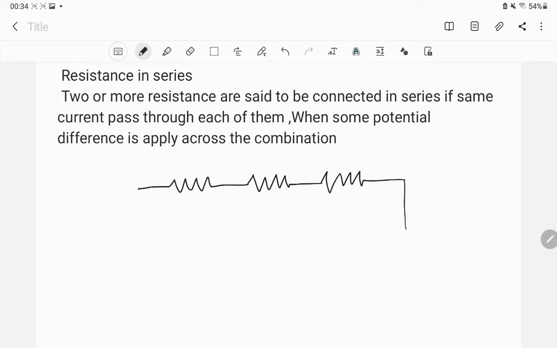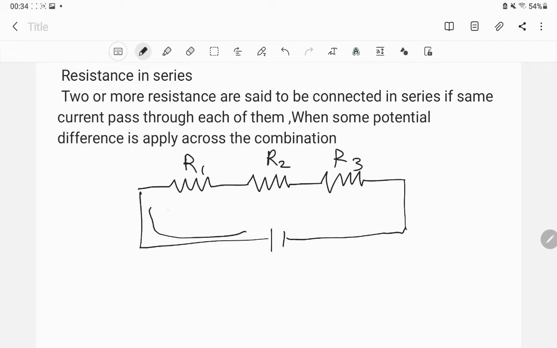I will take the example of three resistances, R1, R2 and R3. Connect with a battery, so current will go, let's say current I. This current is going through R1, and the same current I is also going in R2 resistance, and the same current I is also going in R3 resistance.